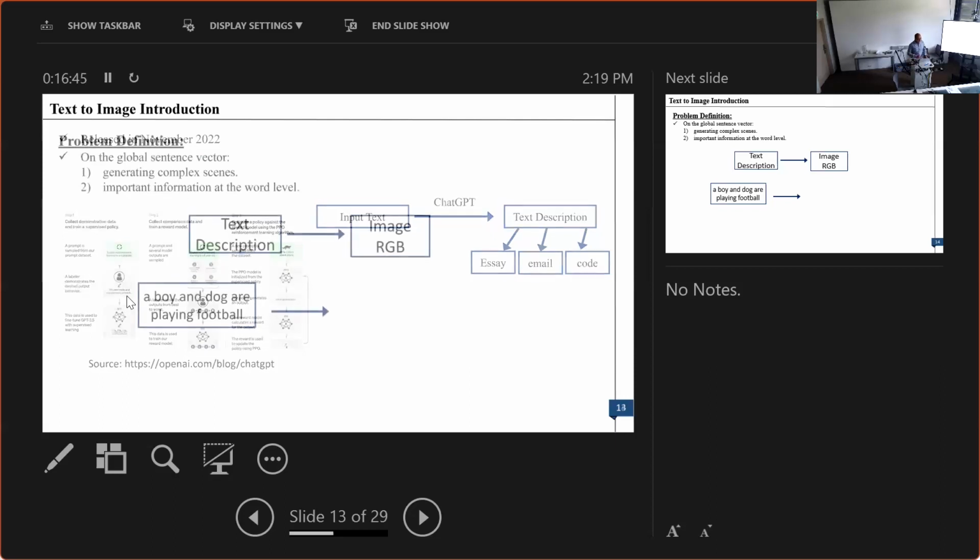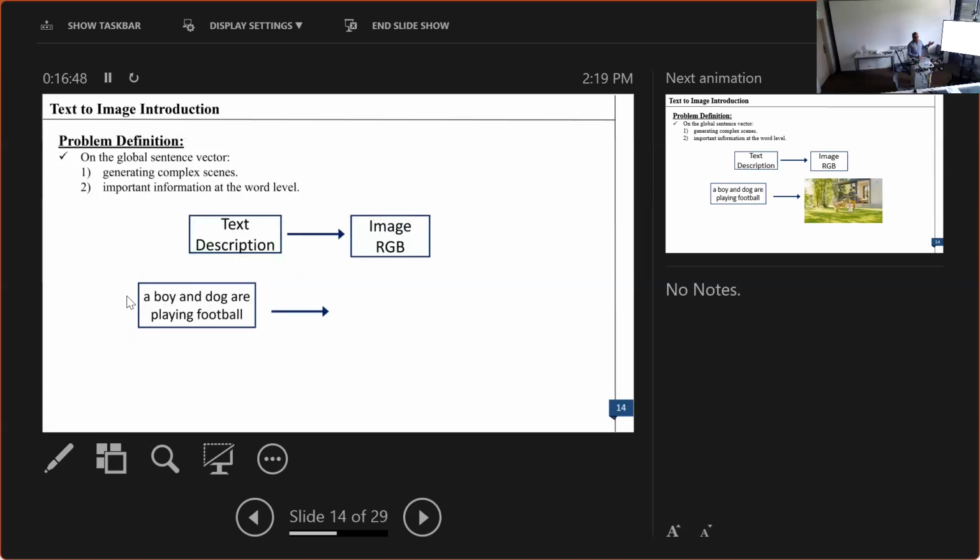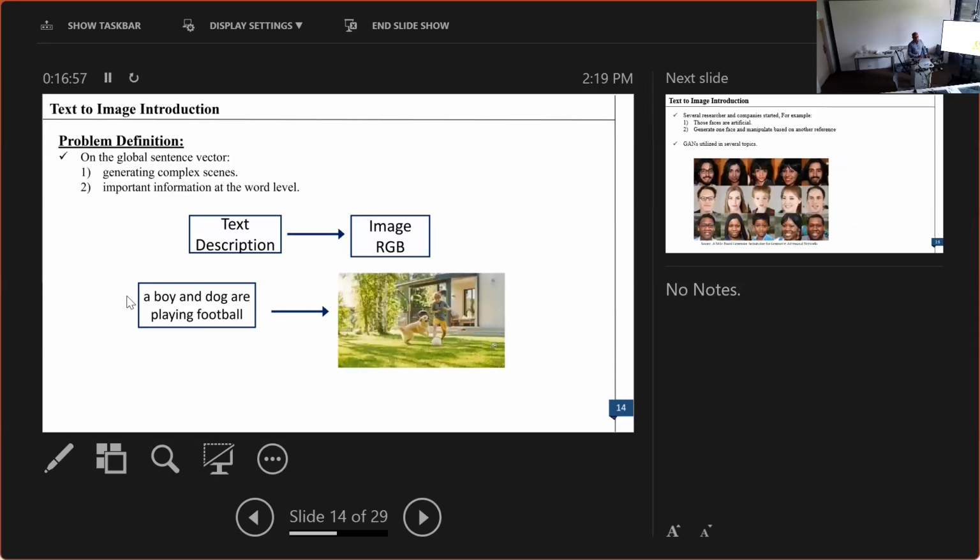In the same manner, if I have a text description, how can I convert this text to an image? For example, now I am writing "a boy and dog are playing." Is it possible to build a model that is able to generate that image? Nowadays, yes, we can do that.